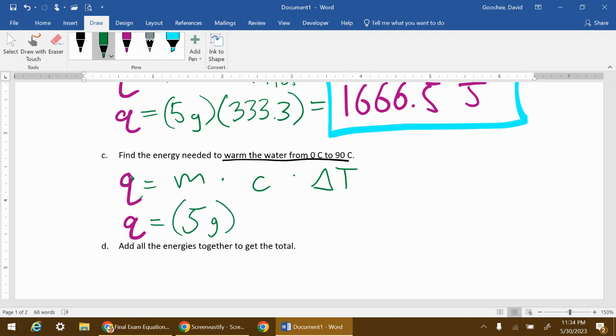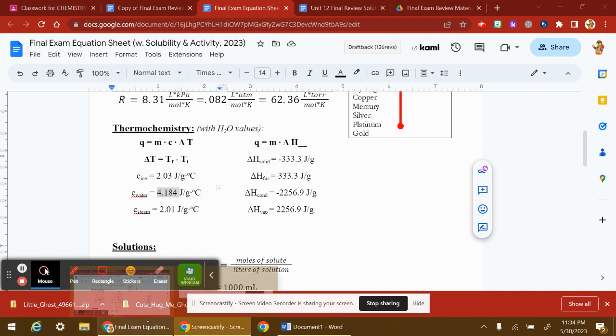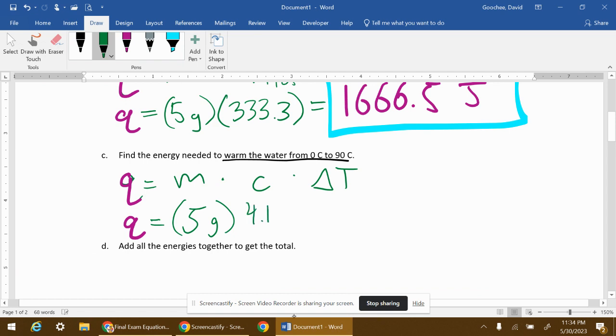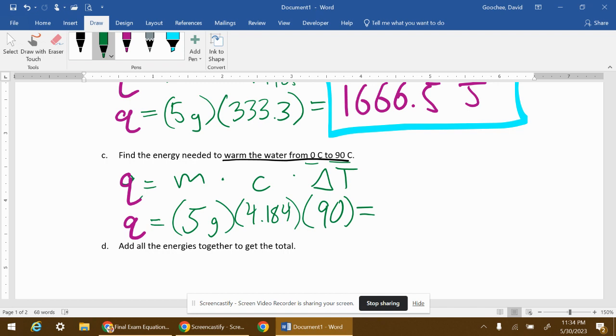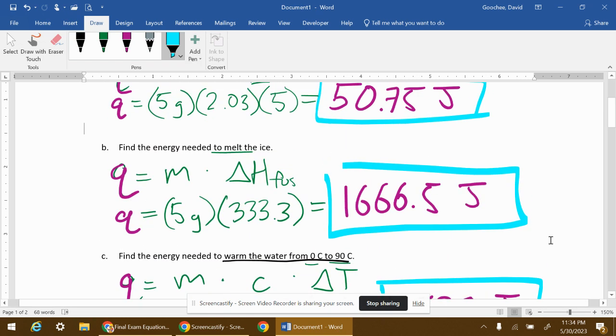The specific heat of water is 4.184, and the change in temperature from 0 to 90 is 90 degrees Celsius. So 5 times 4.184 times 90, and I get 1,882.8 joules.